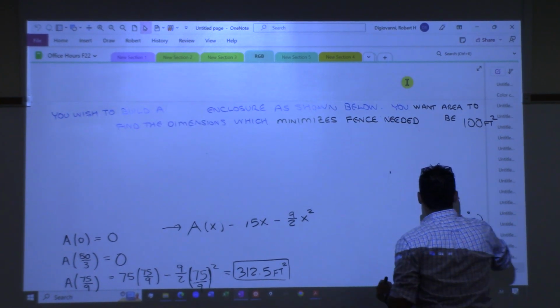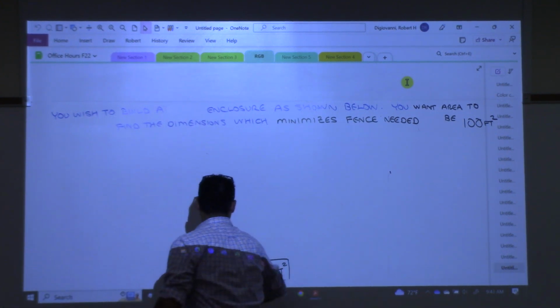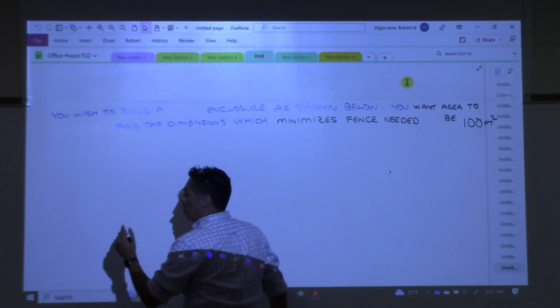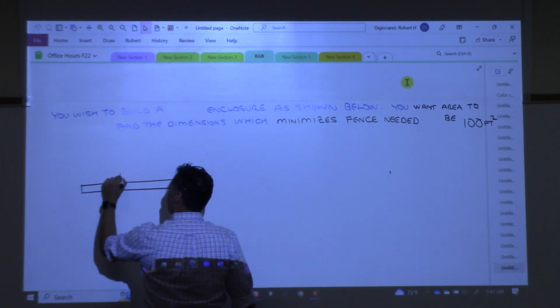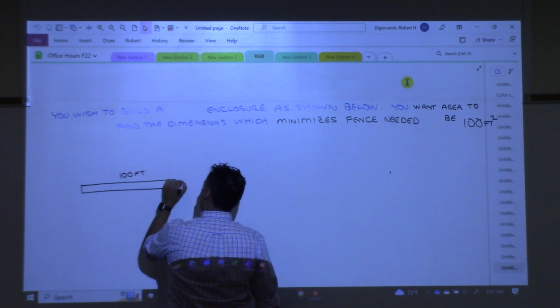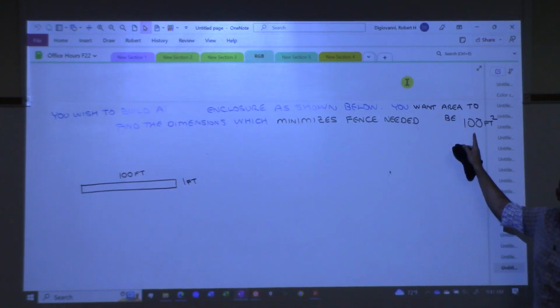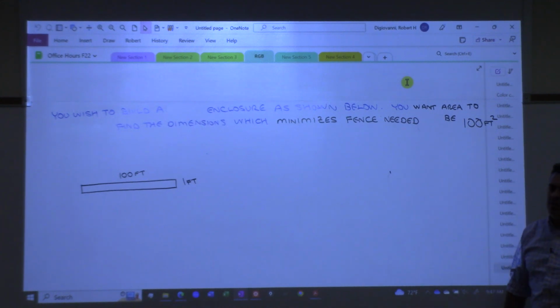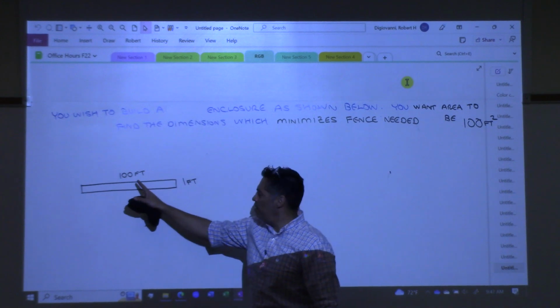Let me kind of give you an idea just of how this problem differs from what we had before. Do you agree that this enclosure right here, 100 feet by 1 foot, has an area of 100, yes? But how much fence did I need to build that? I needed 200, 100 here, 100 here.